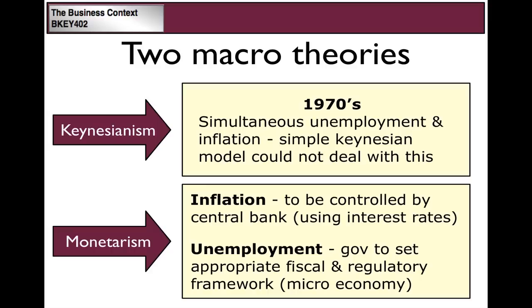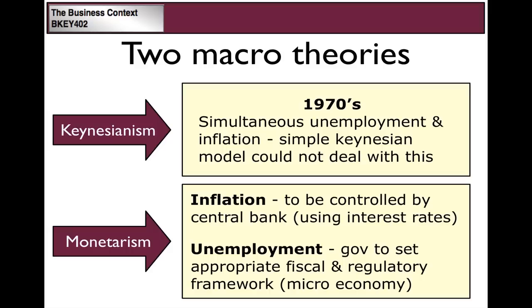So, for example, in modern times in the UK, the Bank of England tends to try and keep inflation at about 2%. The other thing that monetarist theory said was very important was unemployment. Remember that Keynesianism said the government could manage the economy to ensure there was virtually no unemployment. Monetarism says this is not possible.